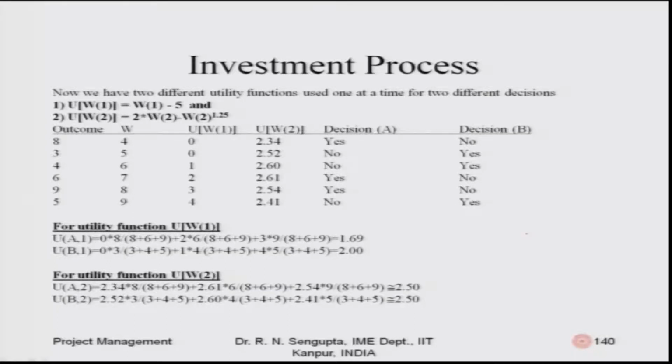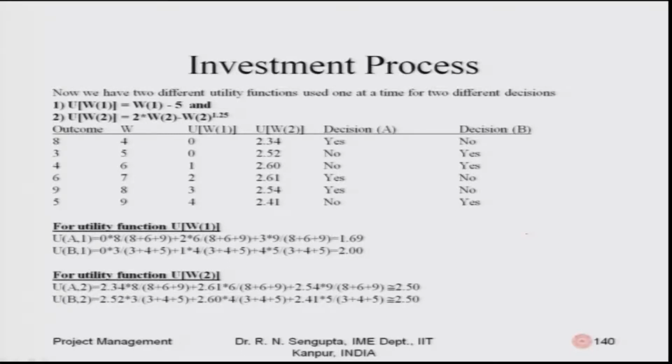If I try to find out the utility concept for utility function 1, for decision A and B, it becomes like this. Now, if you see it, the utility is basically 0, why?